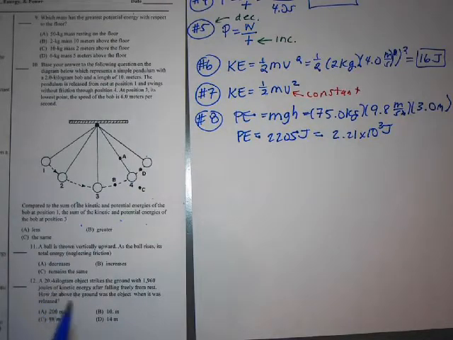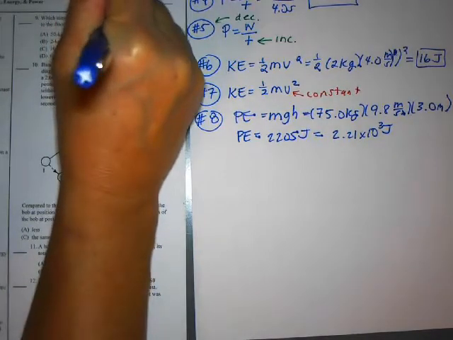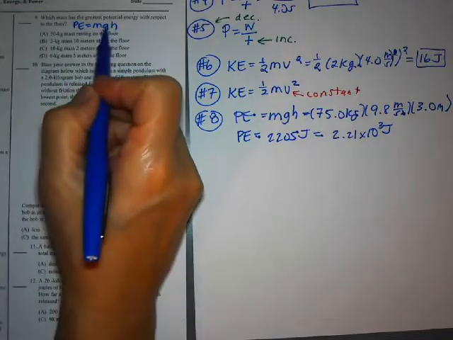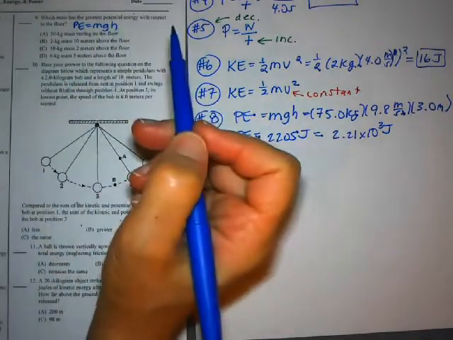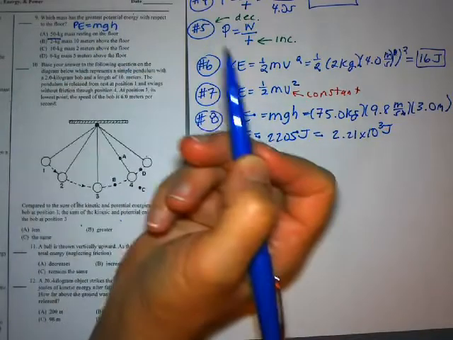So that's my gravitational potential energy, which is mgh. They're all going to be multiplied times gravity, so I don't even have to bother. So what I'm going to do is just do the mass times the height.